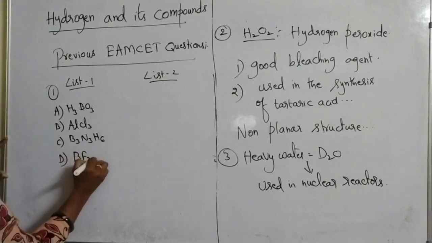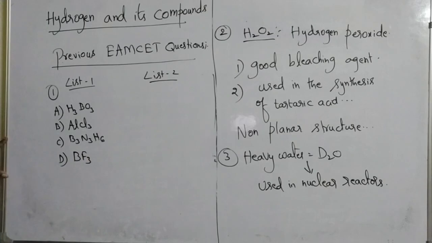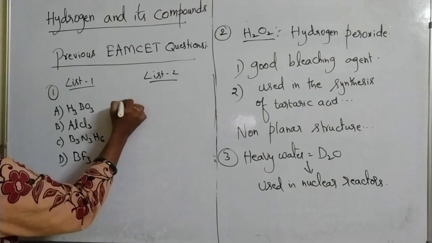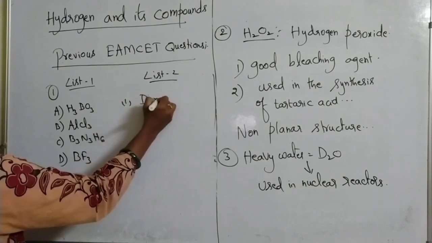And on that side, options are given as list 2, physical and chemical properties or names of structures. Just try to match them.